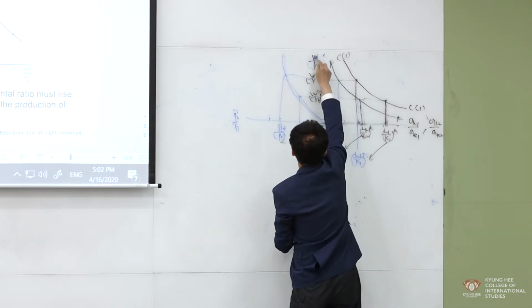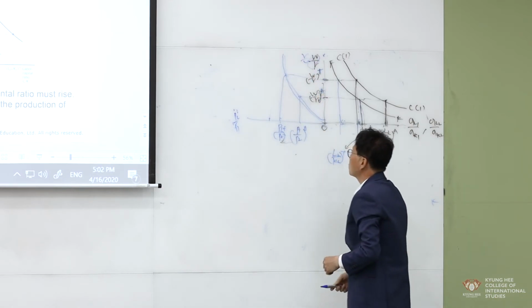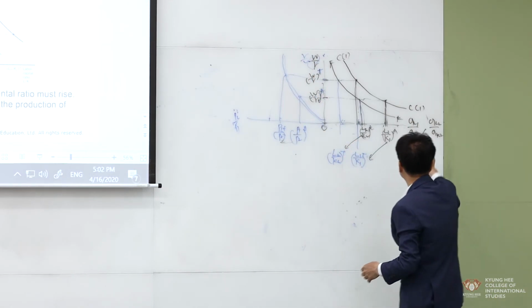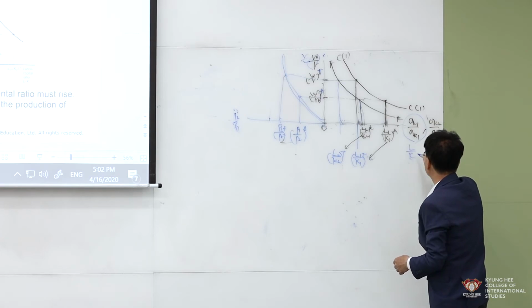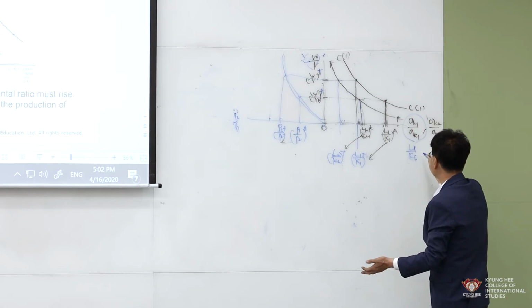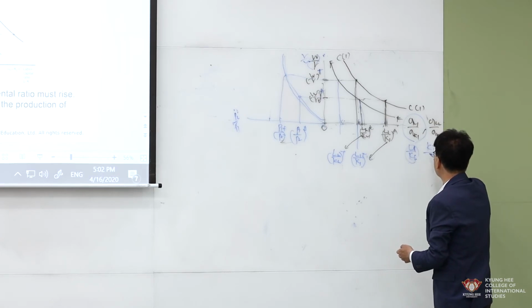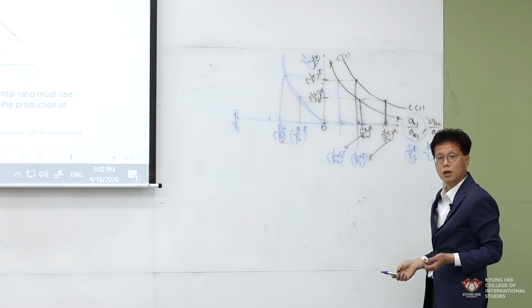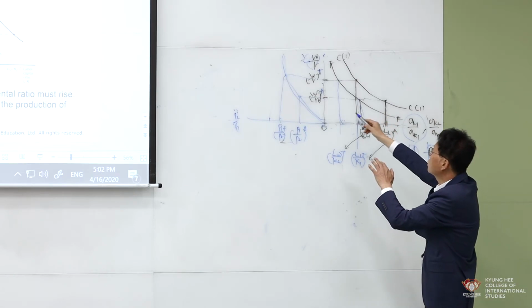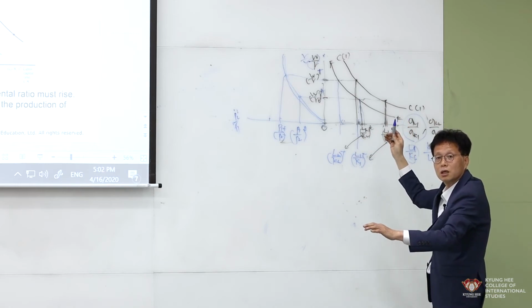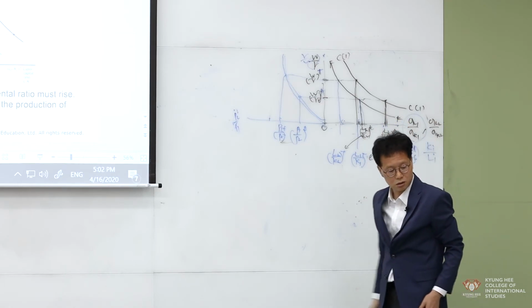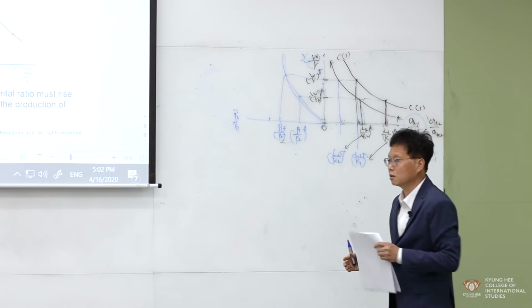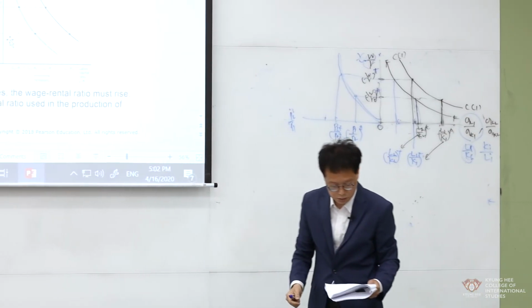Or sometimes this one is R over W instead of W over R. Or sometimes it is Ki over Li instead of Li over Ki. Then the shape of the graph changes totally. So practice this one to prepare for the midterm exam.